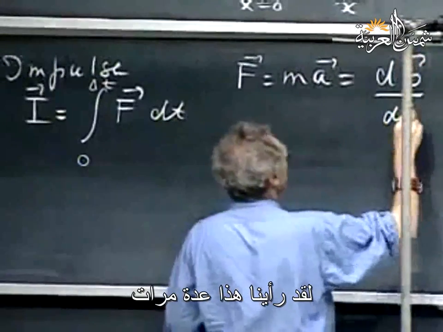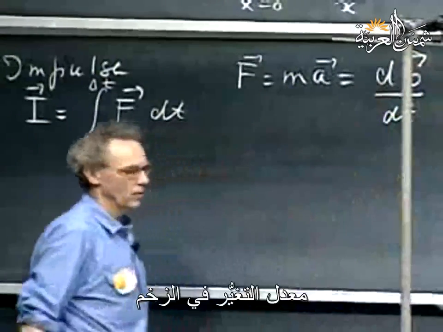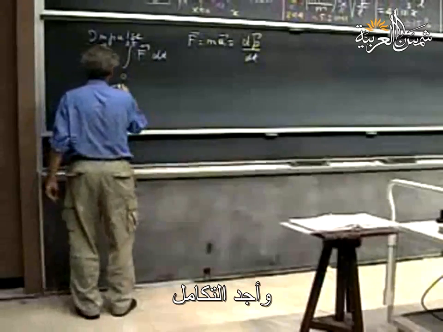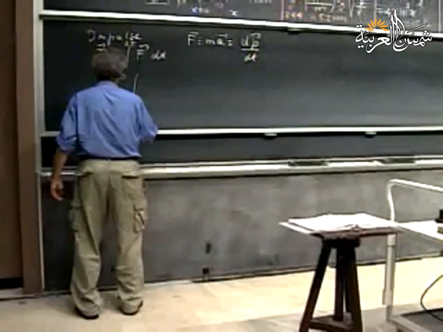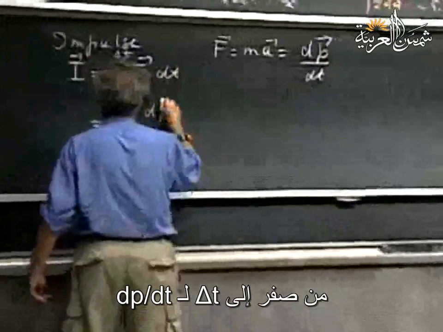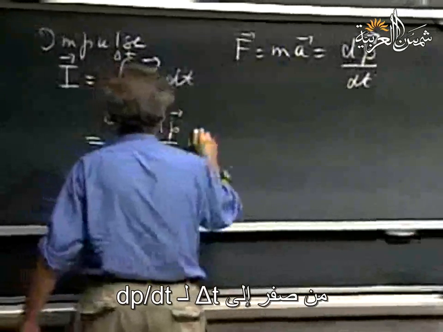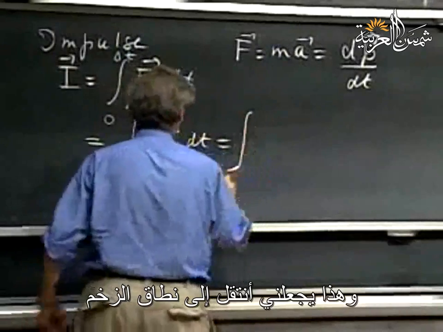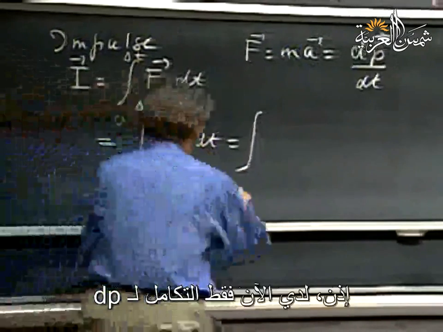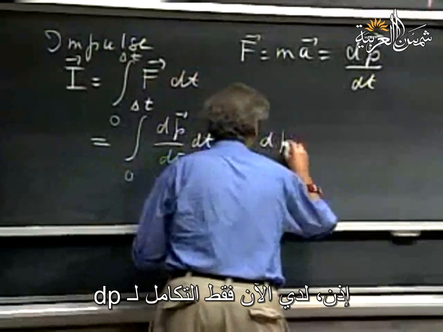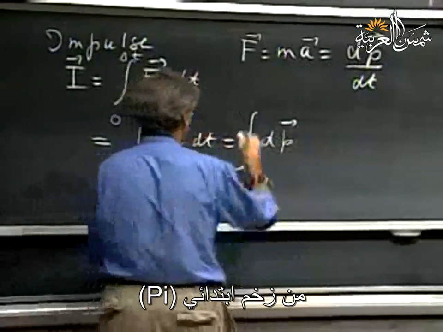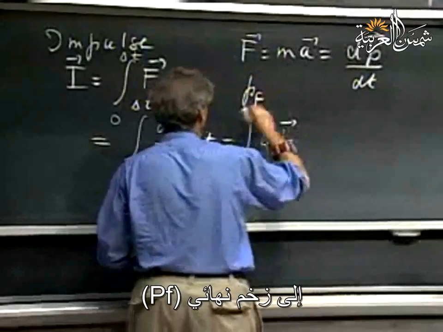We have seen this now several times, the rate of change of momentum, and so I can substitute that in here, and so I find then the integral from 0 to delta t of dp/dt dt, and that makes me move to the domain of momenta, so I have now simply the integral over dp from some initial momentum p_i to some final momentum p_f.